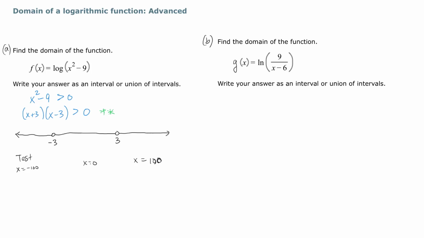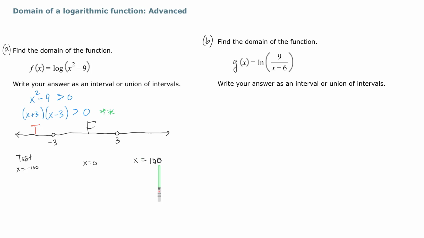So that is going to be true. And we want the true regions, so that's true. If you test x equals 0 in here, 3 times a -3 is a -9 greater than 0. Well, that's false. We don't want that. So all those values in between represents a false situation, and we don't want false. We do not want the false region.